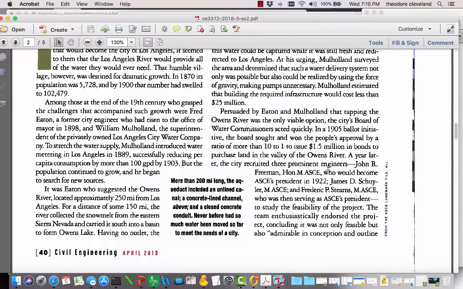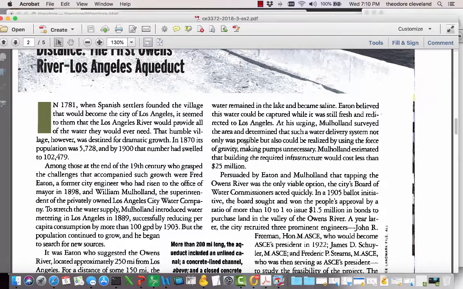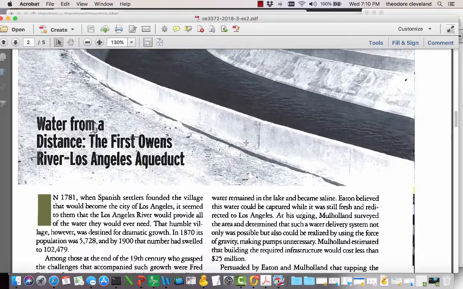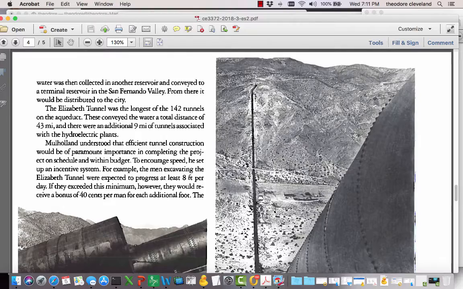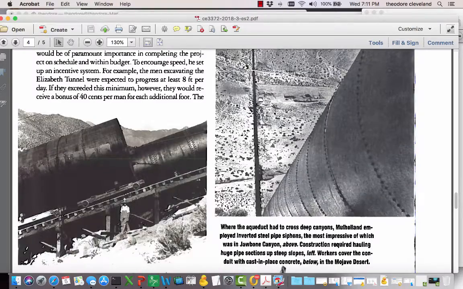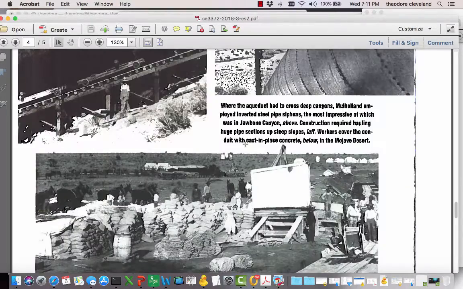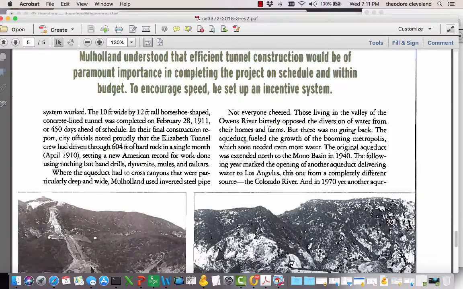And it was a relatively large undertaking in its time, and the purpose of the aqueduct was to provide water supply for the city of Los Angeles to supplement the existing supply, and the city was growing. And so if you read this, it has some interesting photographs and interesting observations on some, for the time, relatively novel technologies.